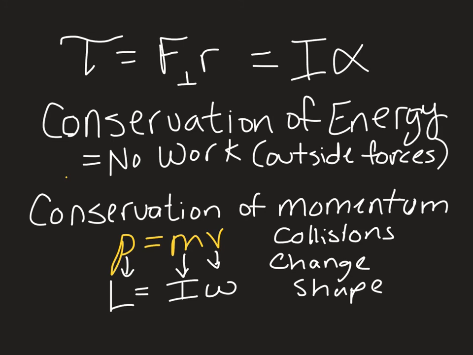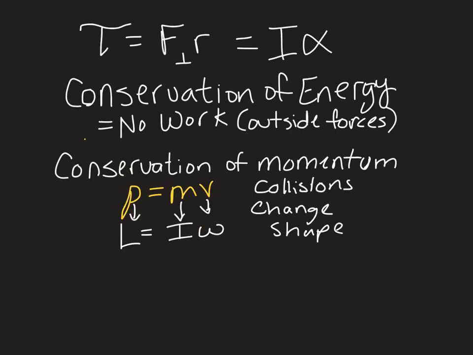And as a result of that, they're changing the velocity that they have. Because in order to conserve momentum, as the moment of inertia increases, the angular speed or the rotational speed would have to decrease in order to maintain or conserve that momentum.